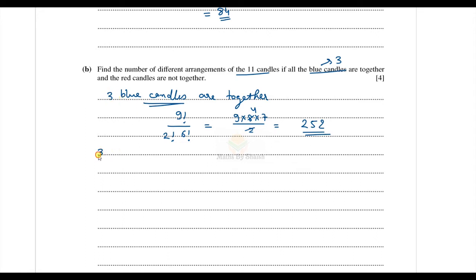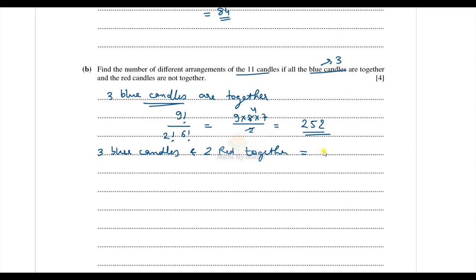Now we are going to put 3 blue candles together and the 2 red candles also together. If they are together, then what is the possibility? Earlier 9 candles were left when we took 3 blue candles as 1, now if we take the 2 red candles as 1 as well, then there will be only 8 candles left.